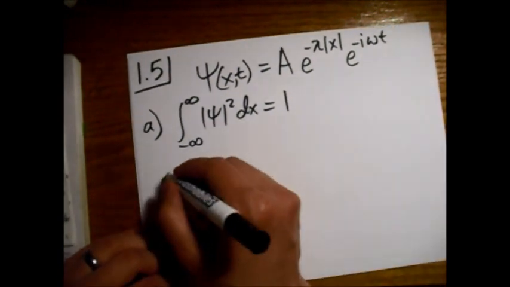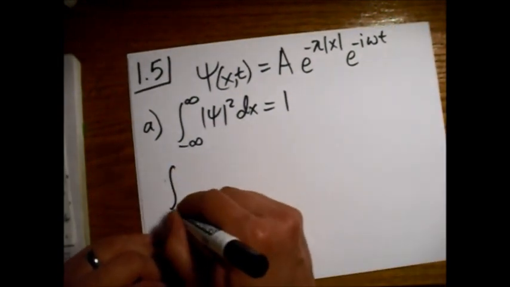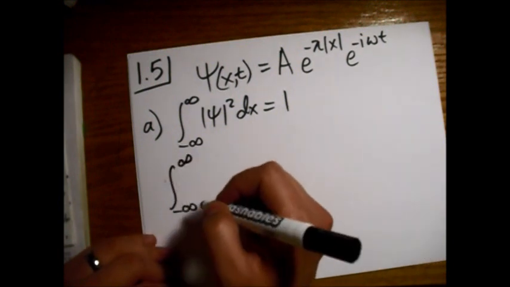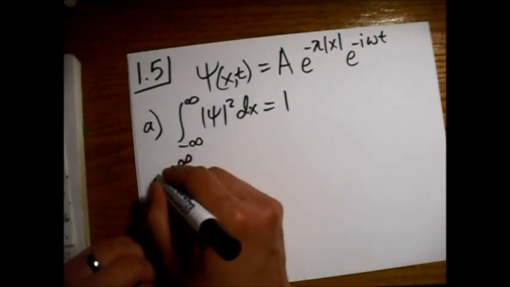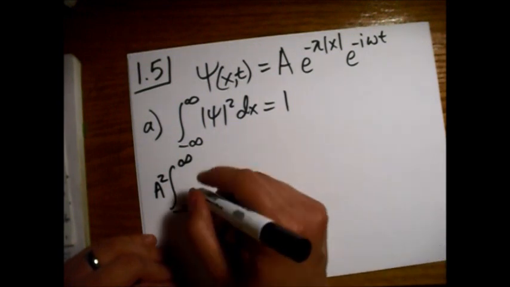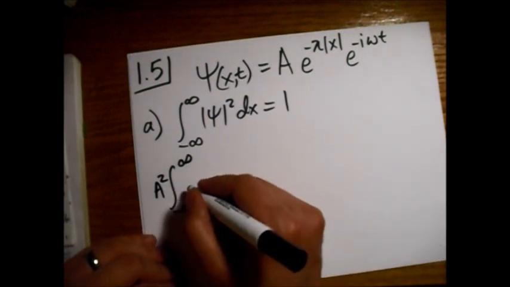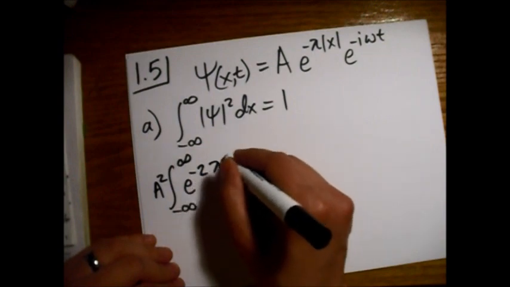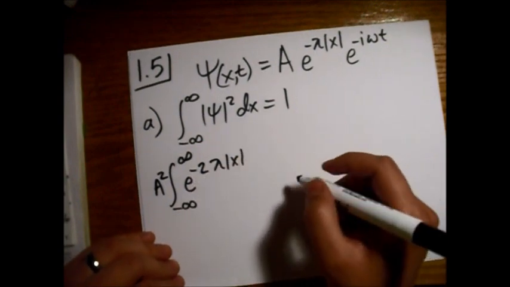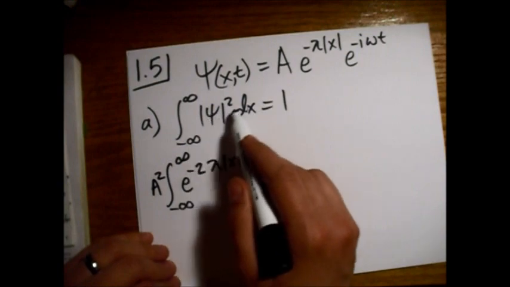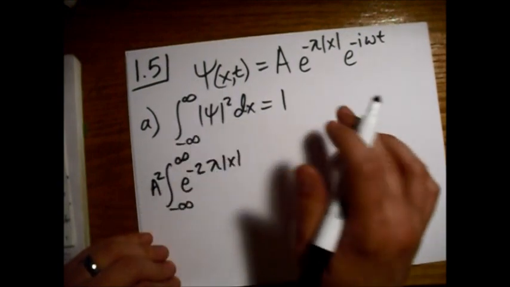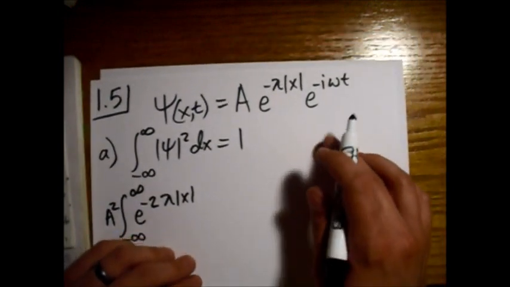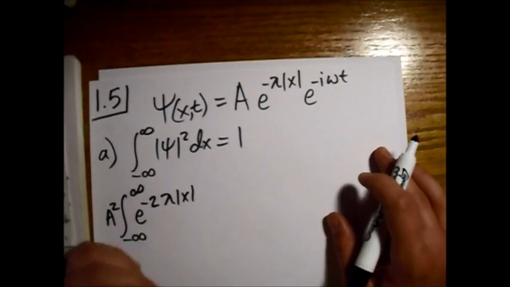Alright, so we have an A squared, which can come out front since it's a constant. We have an e to the minus 2 lambda, absolute value of x. And then when we do the complex conjugate and all of that, the phase will drop out.